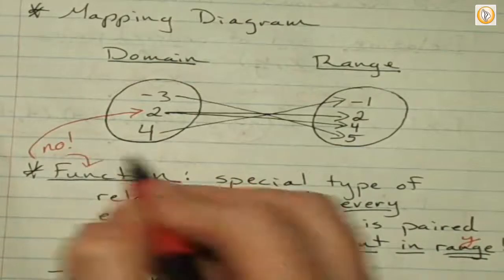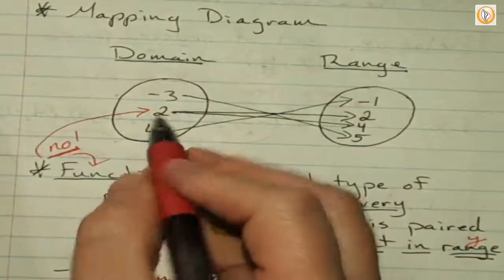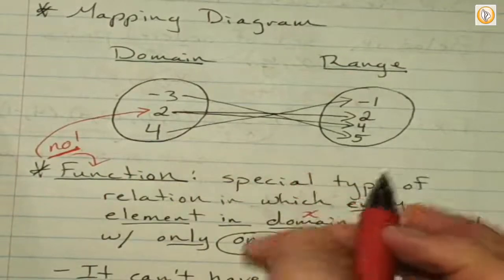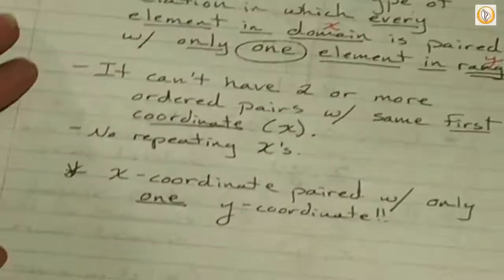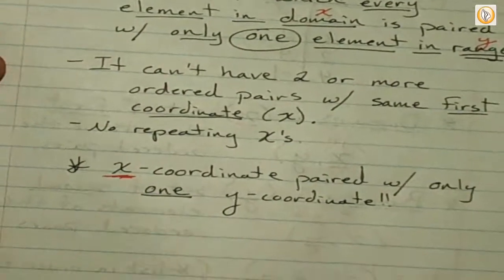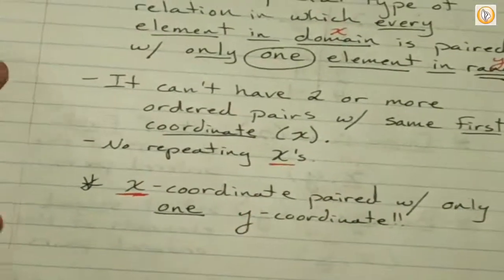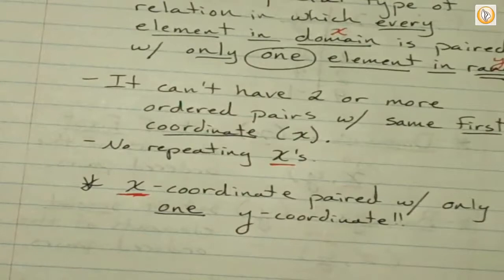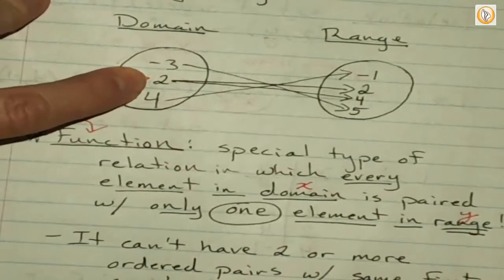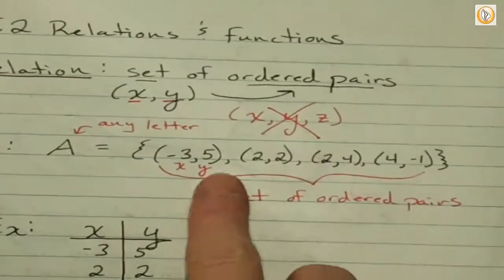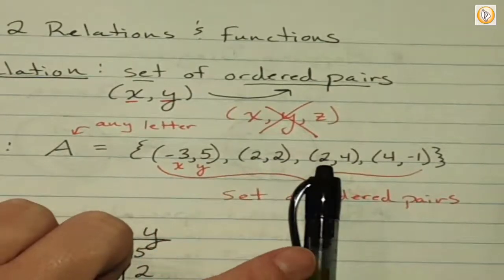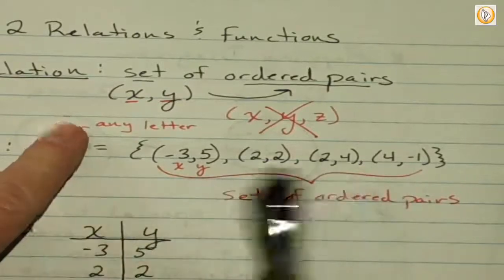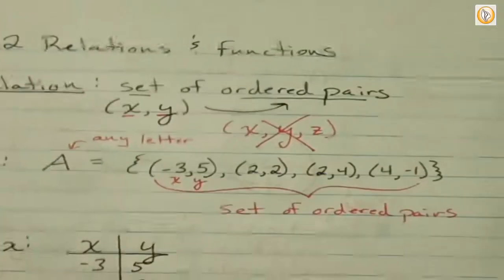Therefore, it is not a function because that x is being repeated. Notice it's only the x that cannot be repeated. Can you have repeating y's? Yeah. You cannot have repeating x's. So because this 2 is used more than once, you have a 2 as an x here and a 2 as an x here. This is a relation, but it is not a function because it has repeating x's.